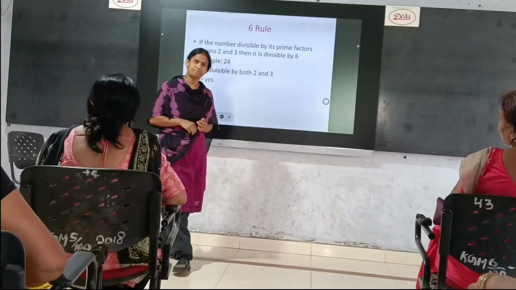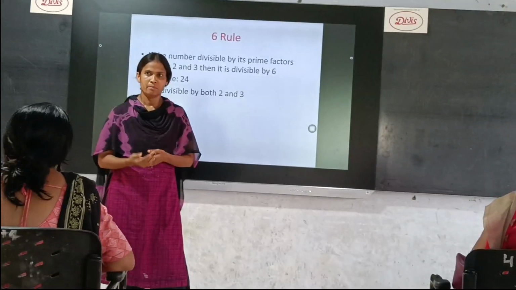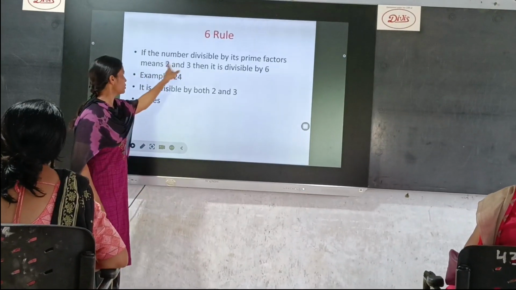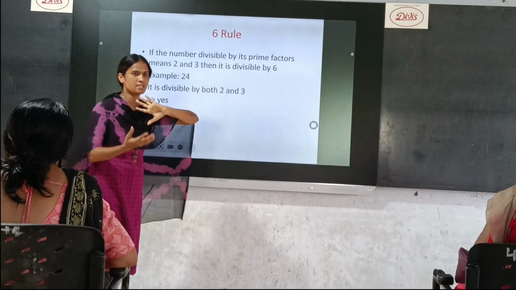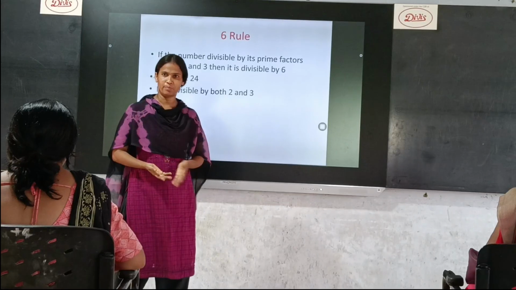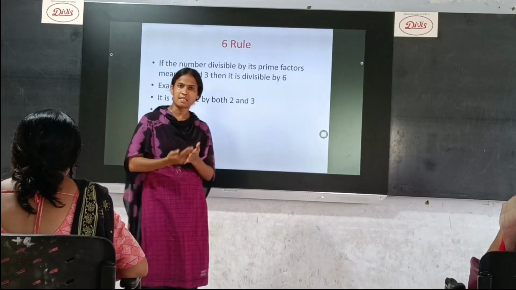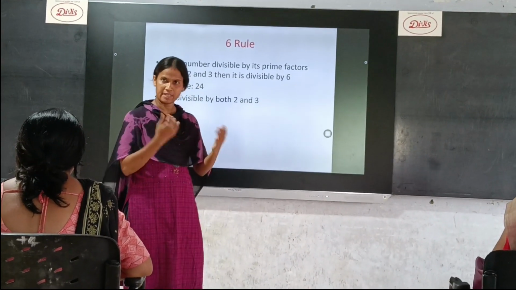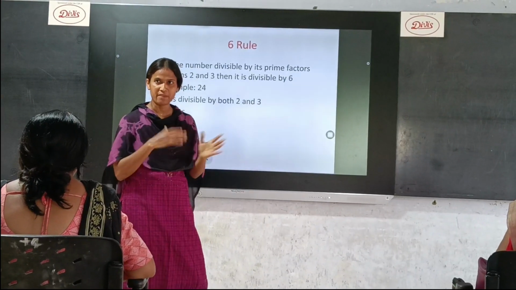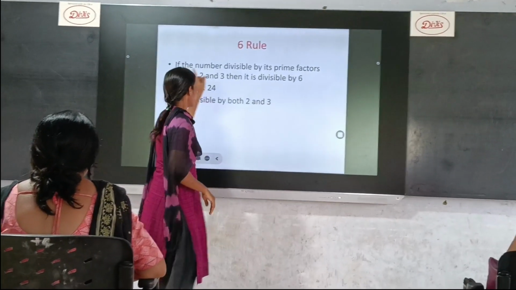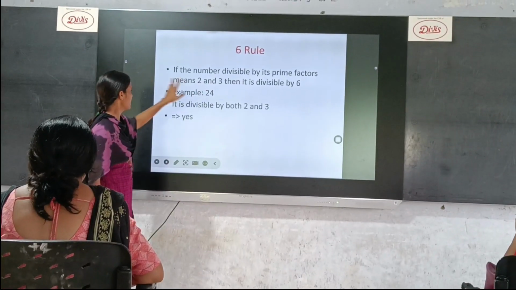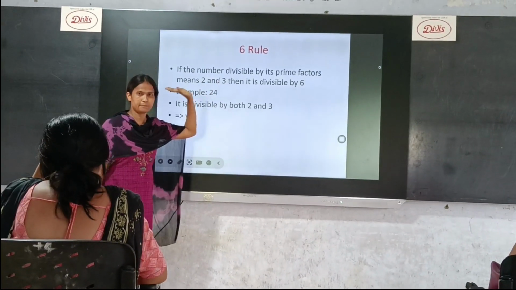it is dependent on 2 and 3, because the prime factors of 6 are 2 and 3. What are factors? That is another topic. So here 6 is the number, and the prime factors are 2 and 3.